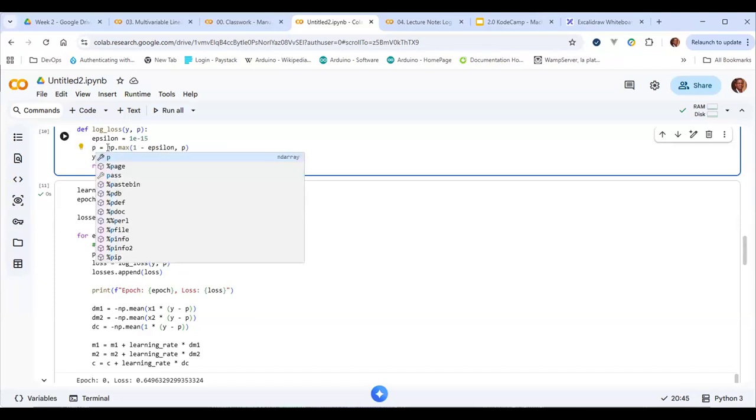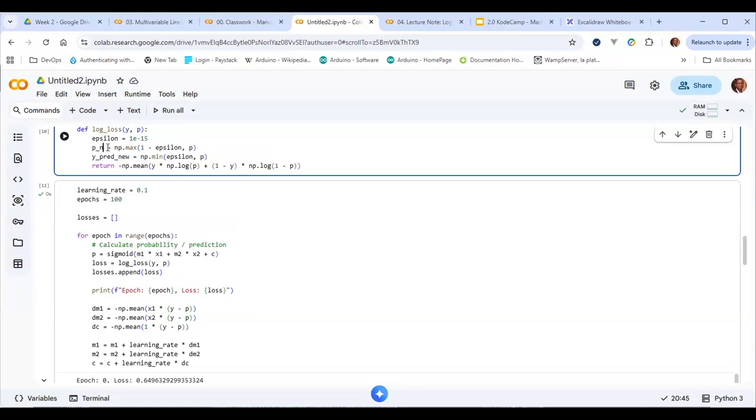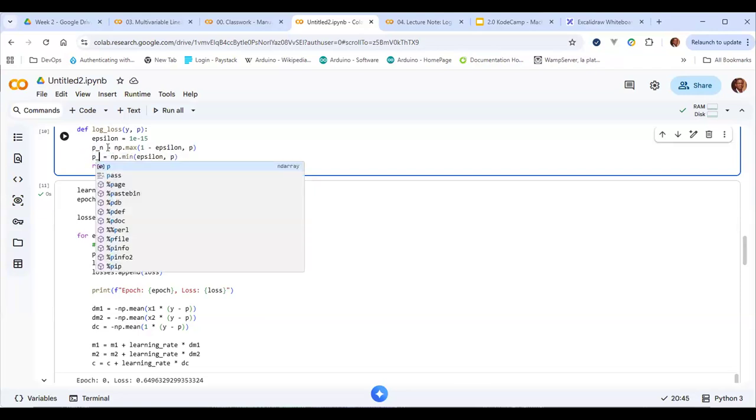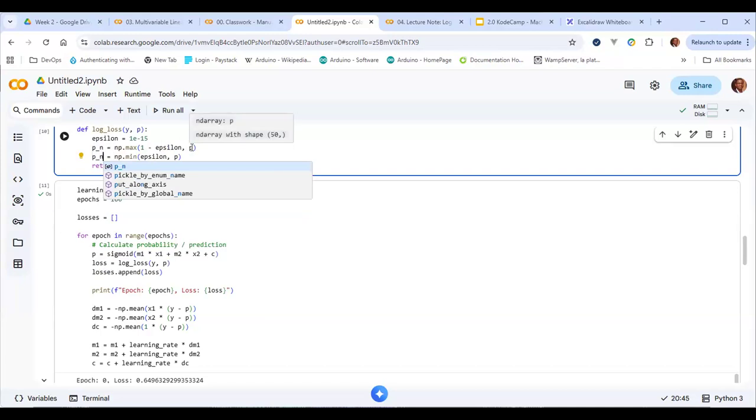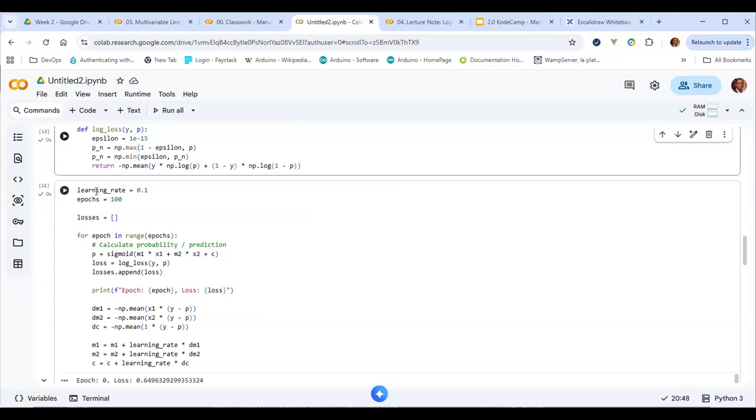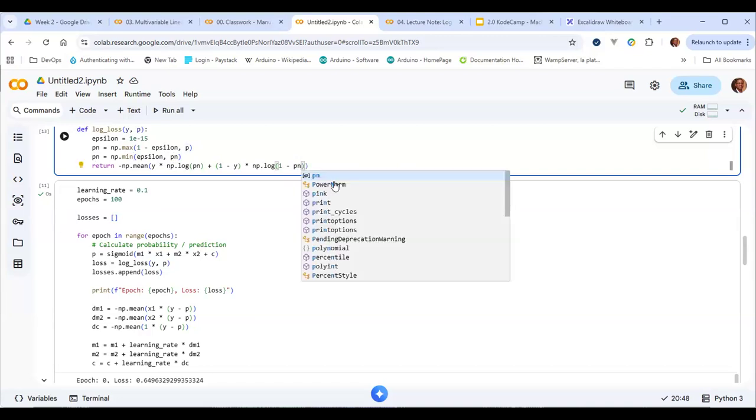Okay, so let's say P. I don't expect this to be the cause of the problem, but we are trying to prevent our loss from becoming negative or becoming infinite.